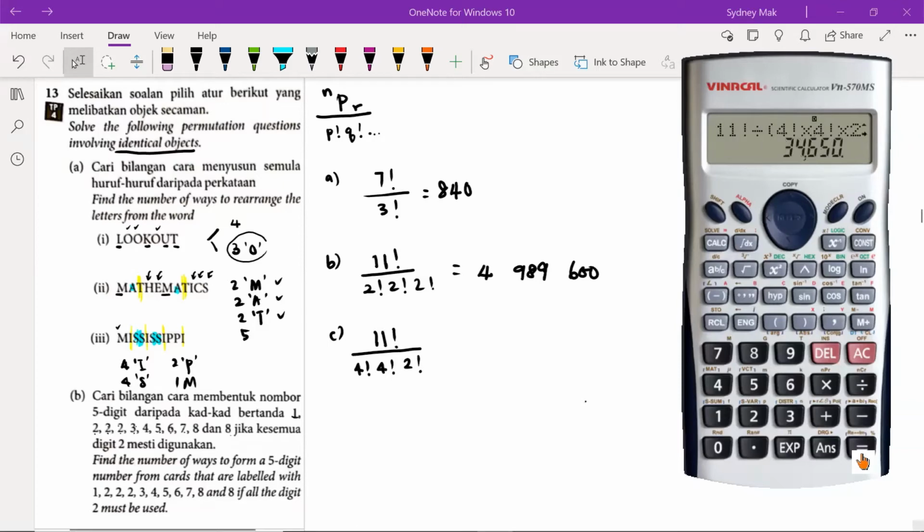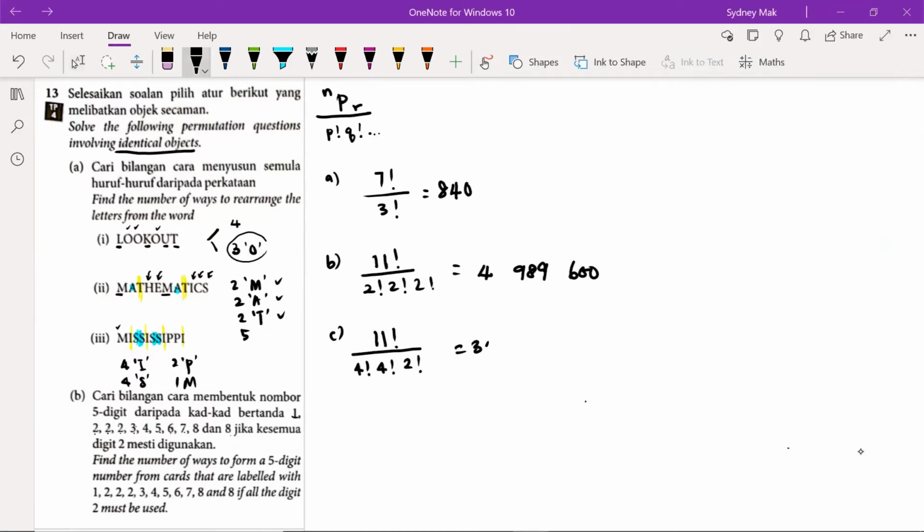Therefore, the answer is 34,650 ways to arrange MISSISSIPPI. So that is part A, part 1, part 2, and part 3. Okay, let's move on to part B.